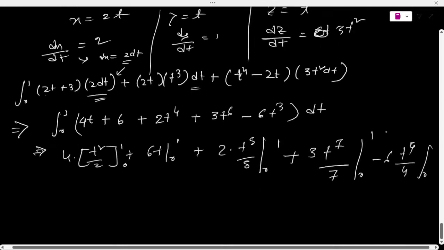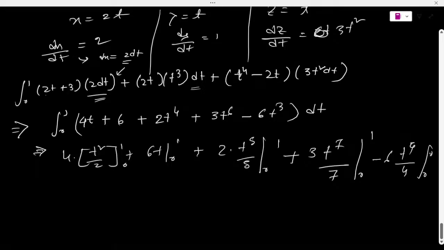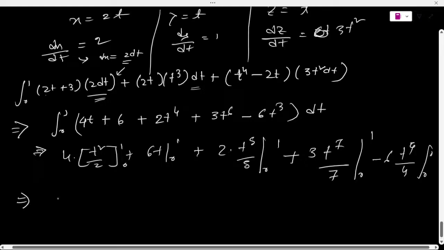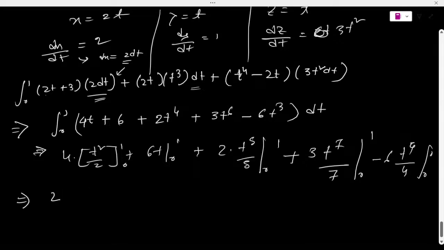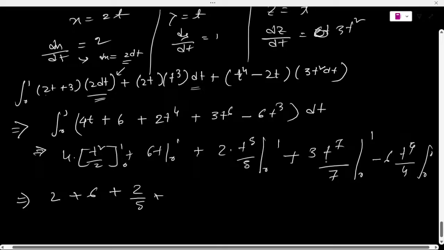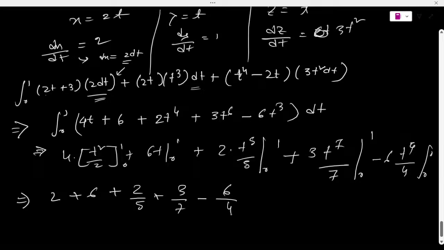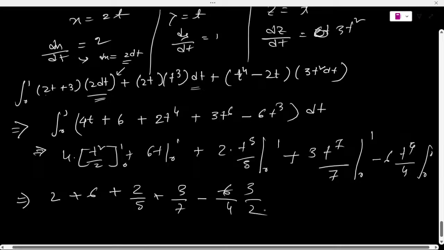After that the value will come out: 2 cancels out, 2 into 1 is 2, then 6, then 2 by 5, then 3 by 7, minus 6 by 4, so 6 by 4 will be 3 by 2.